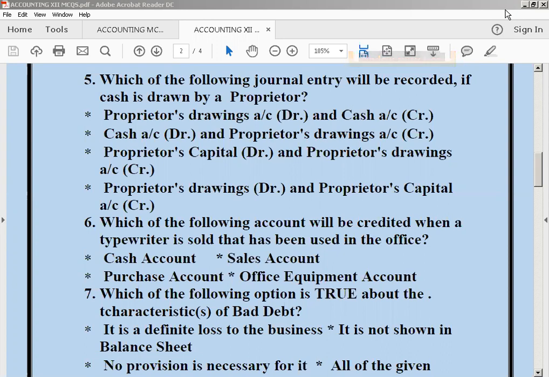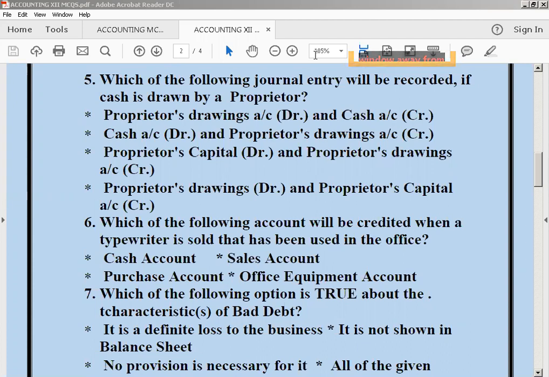So the first option is proprietor's drawings account is debited and cash account credited. The second one is cash account debited and proprietor's drawing account is credited. The fourth one is proprietor's capital debited and proprietor's drawing credited. Then we have another one: proprietor's drawing is debited and proprietor's capital account is credited.